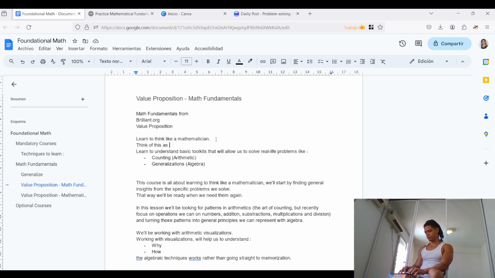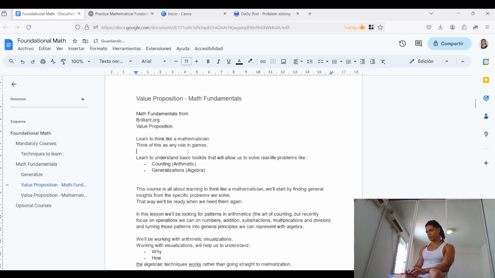Think of this as any role in a game, a role in League of Legends or Fortnite.